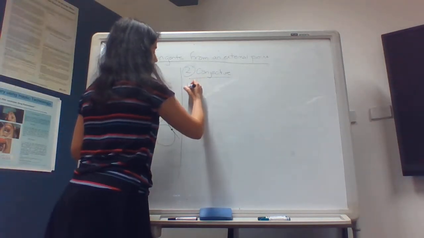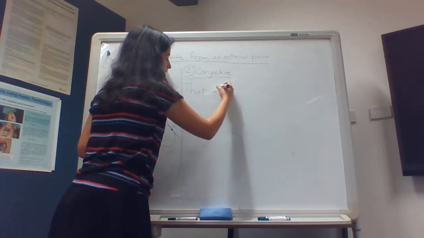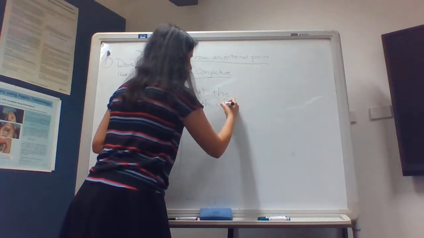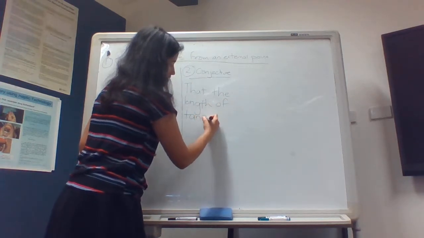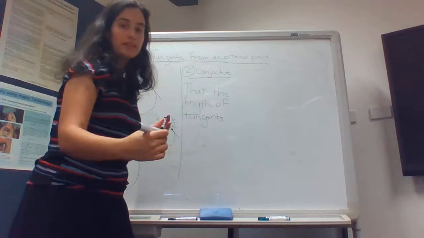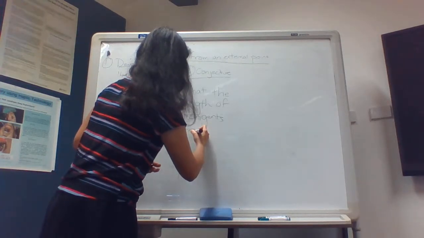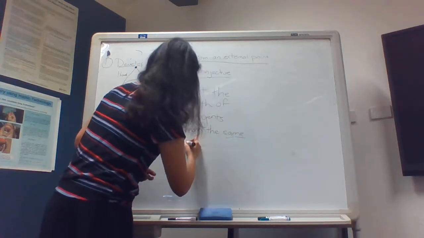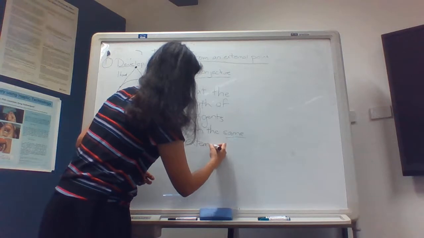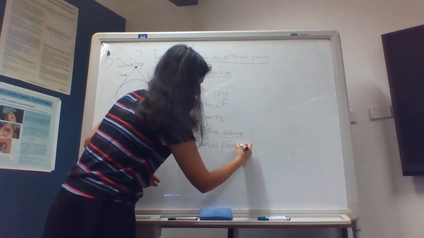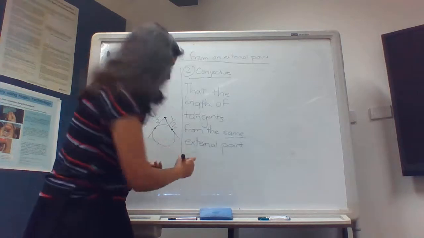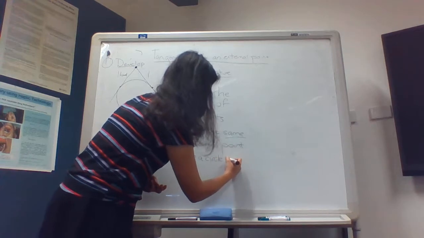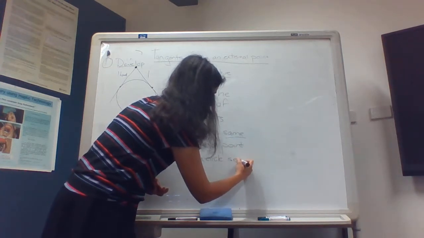And it is that the length of tangents from the same external point to a circle is the same, is equal.